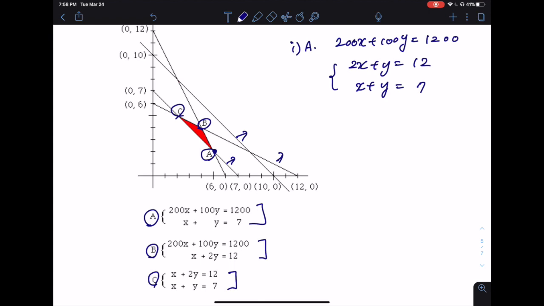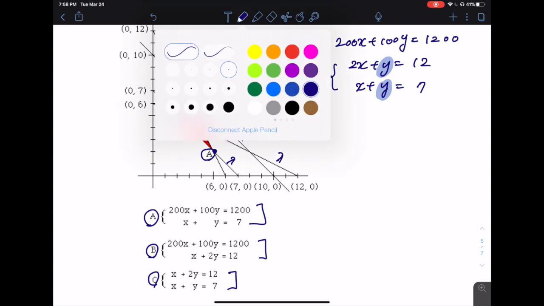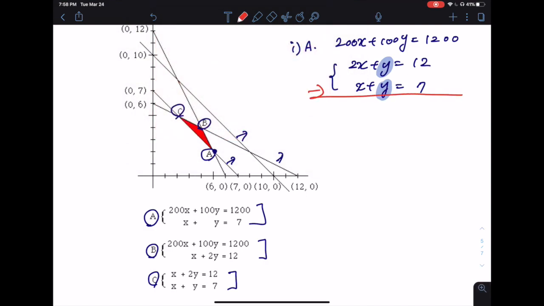Since we have a y term here and another y term here, we can just cancel out y by subtraction. So let's subtract these two equations. Now y is cancelled out, and we have x equals 5. Now given x, you can plug in x equals 5 into either equation, and you will easily get y equals 2. So A is (5, 2).